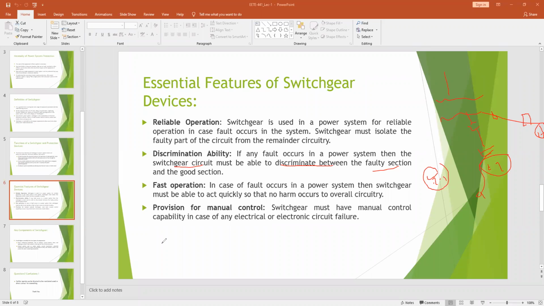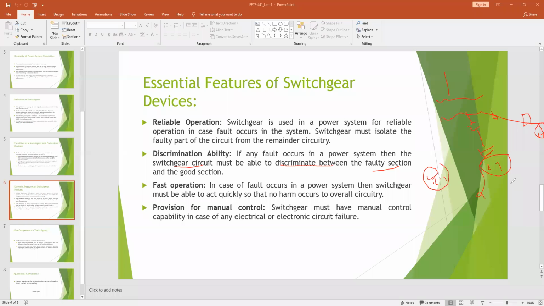Then the fast operation. Obviously, switchgear devices have to be fast enough because there is no provision for slow operation. Remember that whenever a fault occurs, the more you allow the fault current in this path, the more you create an opportunity to damage your equipment. It is very simple.